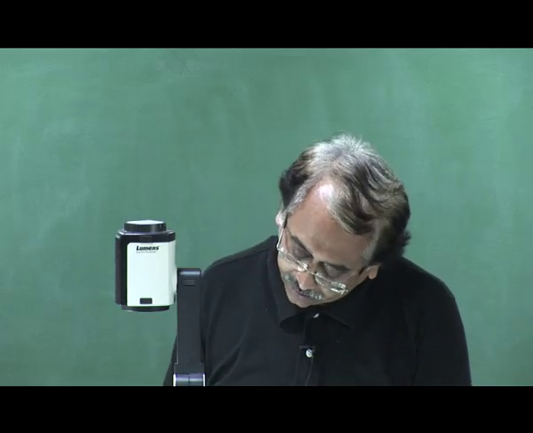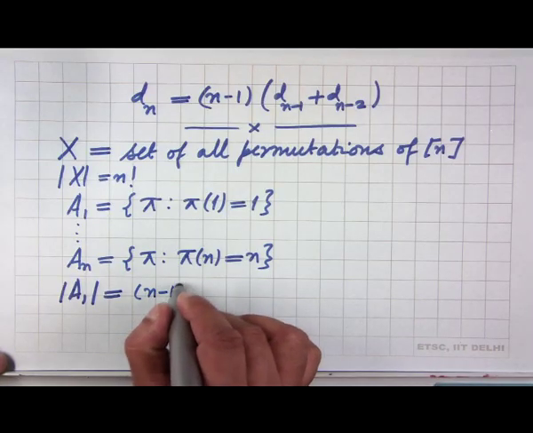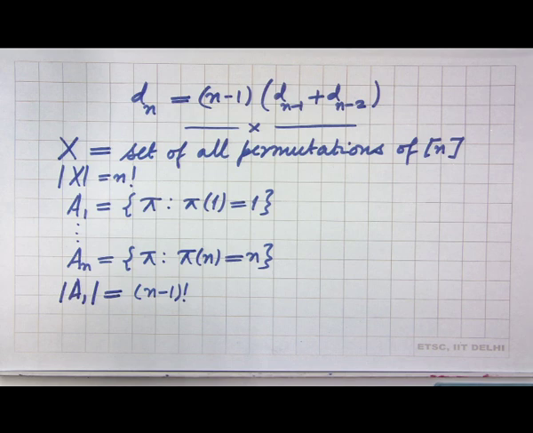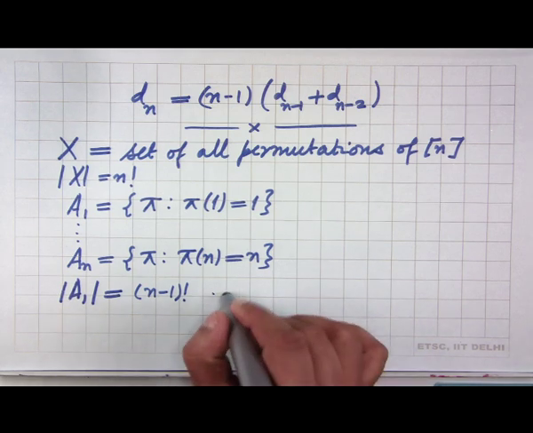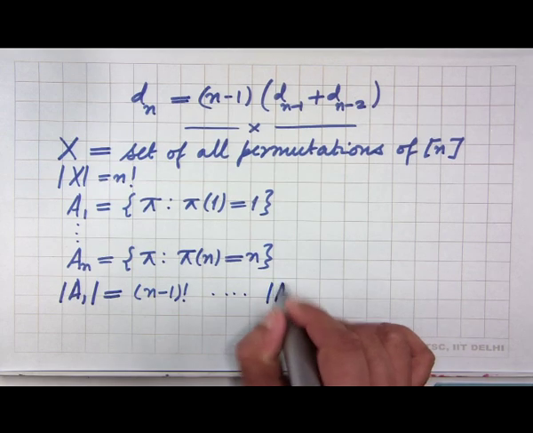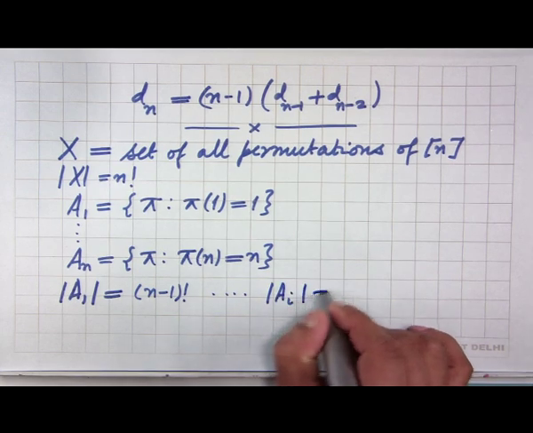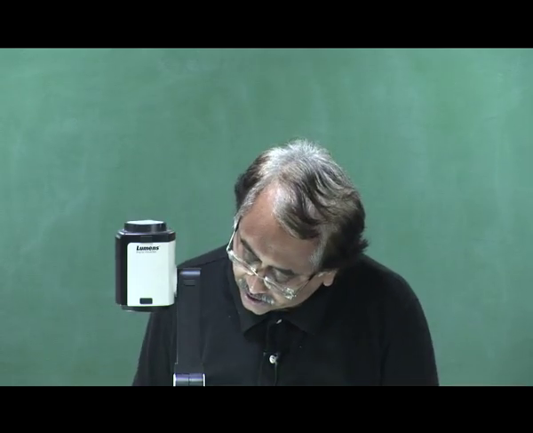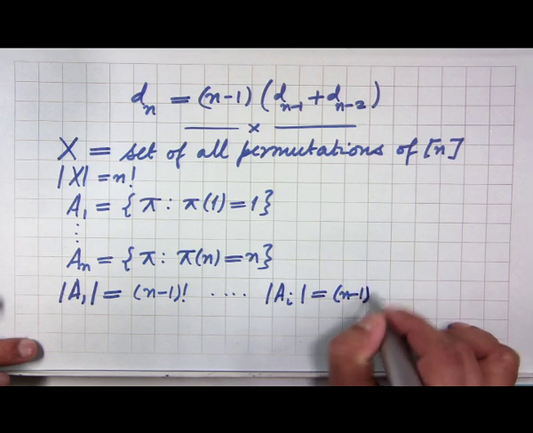So this is simply the number of permutations on n minus 1 symbols, and that's just n minus 1 factorial. In fact, the same is good for any of these sets Ai, including An, because each of these sets Ai fix one particular element. They leave the other n minus 1 elements to themselves, which may and may not get fixed, and therefore it is a set of all permutations on all but one symbol.